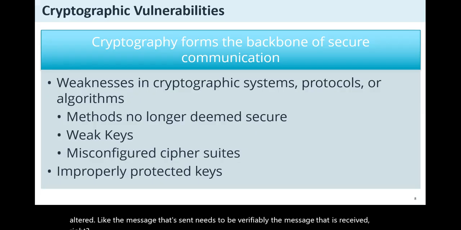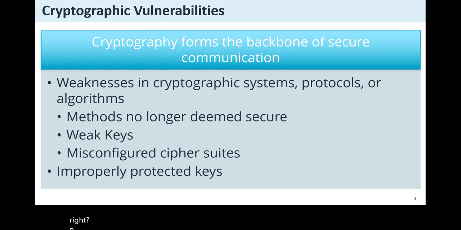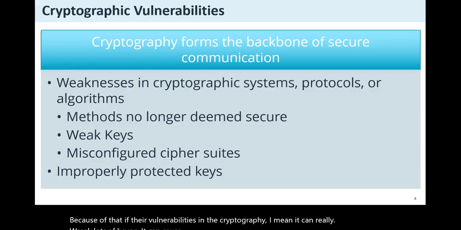So if there are vulnerabilities in the cryptography, it can wreak lots of havoc. It can cause confidentiality and integrity to be compromised, and even availability can be in question. Here are some of the reasons: weak keys, misconfigured cipher suites, improperly protected keys, and sharing keys in the wrong way, where they could be intercepted by an evildoer.